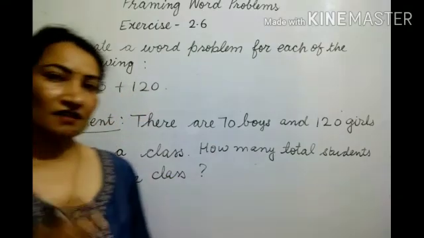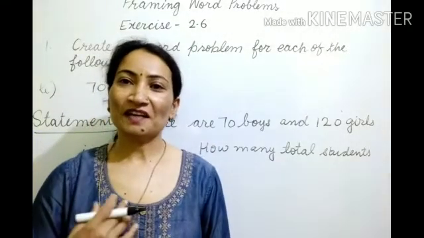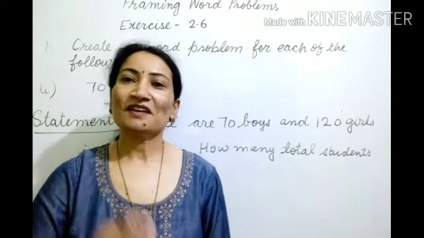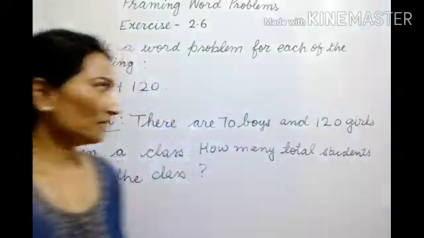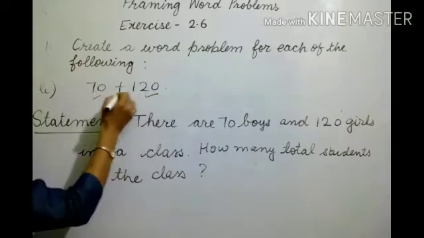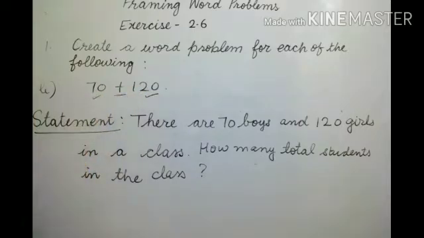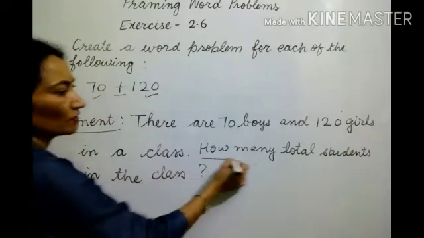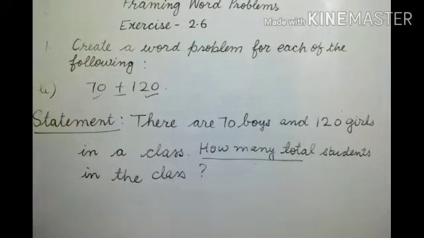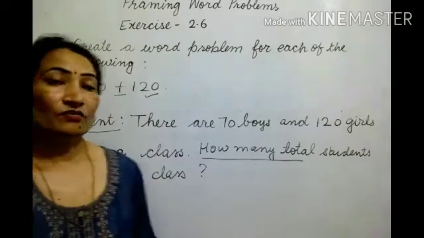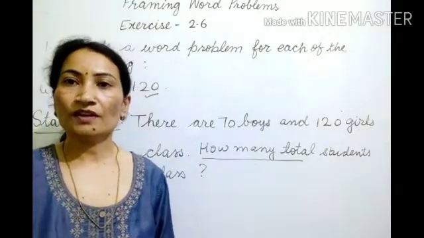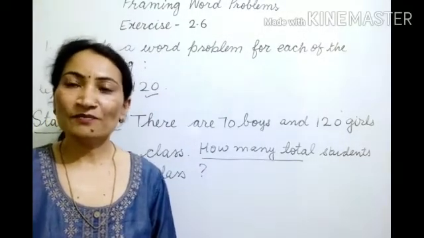We can take anything, any objects. Again I am telling, okay. In this way, we will make a statement by using given numbers, and the operation is addition. For addition, we use how many total, what is the total number, and the words altogether, find the sum.